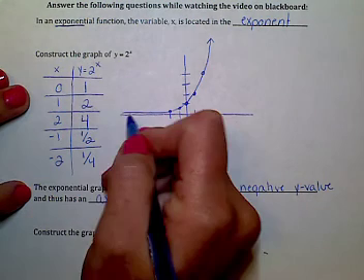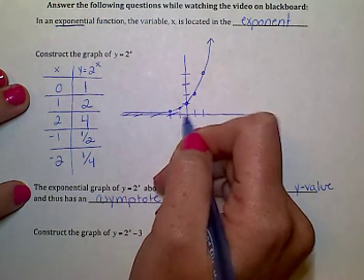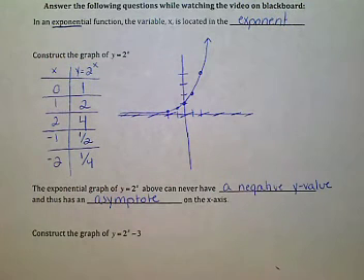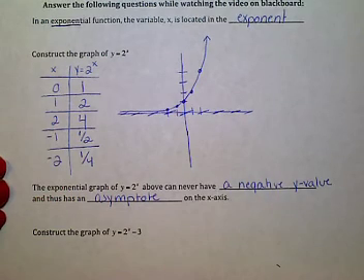I would normally signify that with a little dashed line. Remember, an asymptote is like an imaginary wall that the graph cannot cross. So this particular graph would never cross this asymptote. It would just keep getting closer and closer.